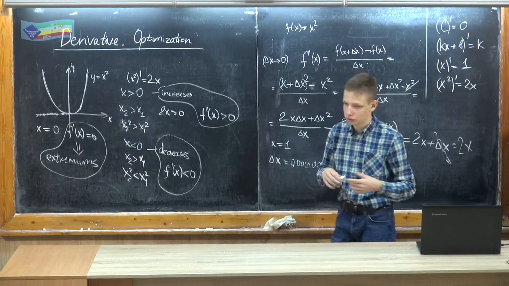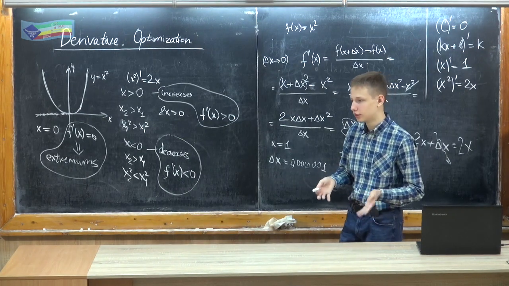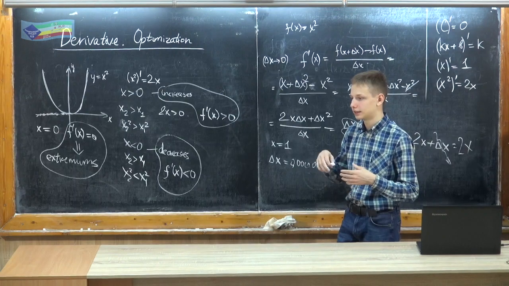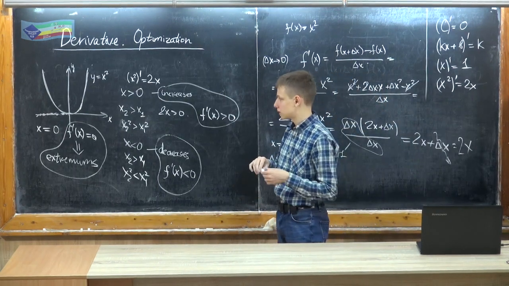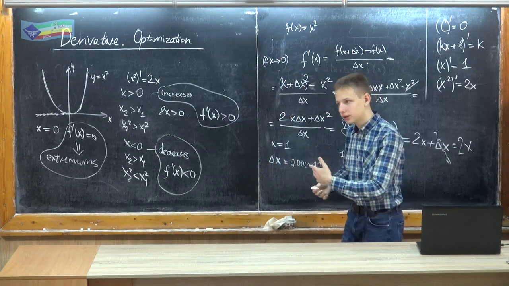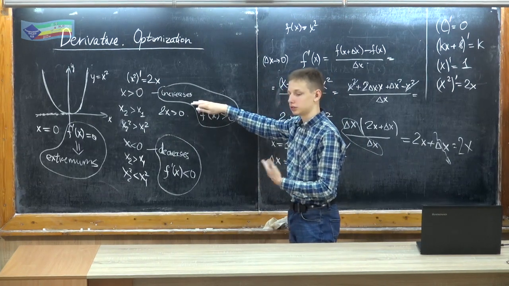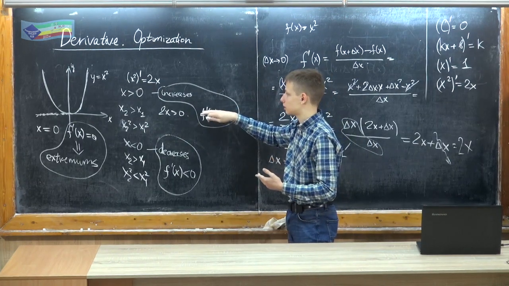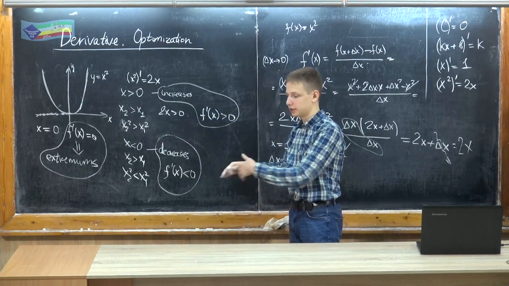And in machine learning, it's very important to know not actually the value, but the way to get the smallest or the biggest value. For example, if we want to get the biggest value of our function, and our function increases, then that means that we can just take bigger x's and get bigger function values.